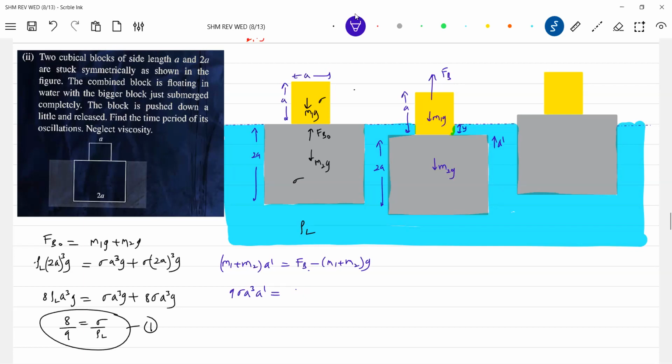What is there in that one? Additional buoyant force will be rho L, you can write directly in exam. Rho L 2A cube G minus M1 plus M2G. This will become FB naught.